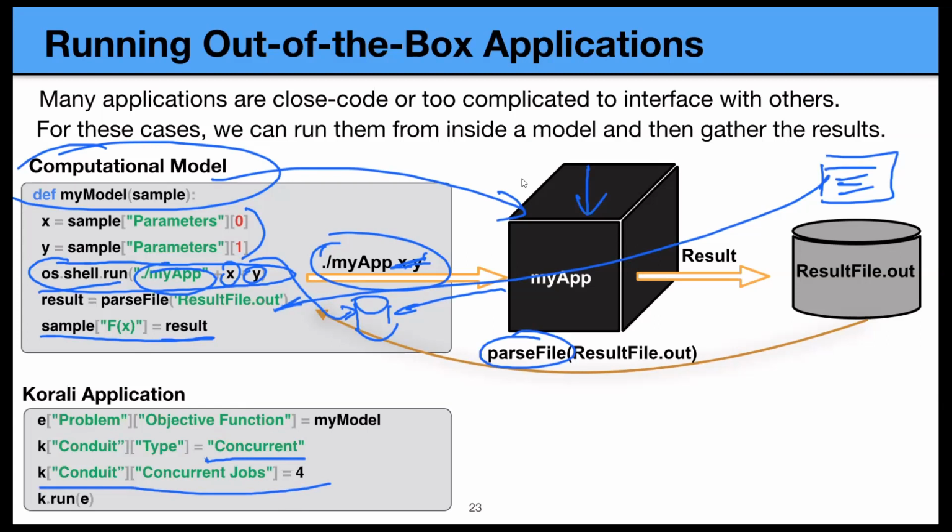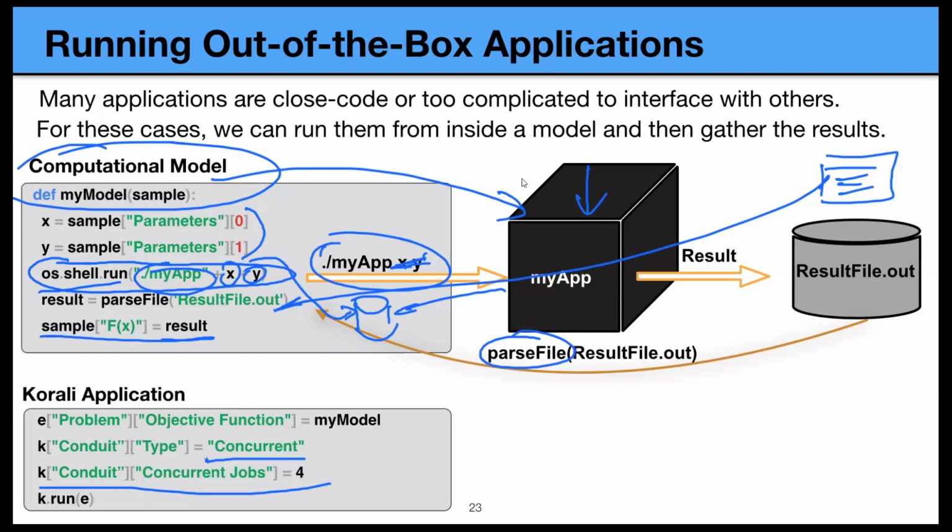This doesn't mean that you cannot do this in a supercomputer. In fact, we use this approach to run LAMMPS in a supercomputer on 4,000 nodes. So you will be wondering, how do you do it? Because if you're limited to using the concurrent conduit, you cannot go further than the single node you have. Well, you can.